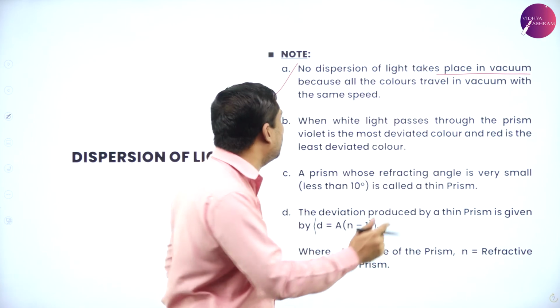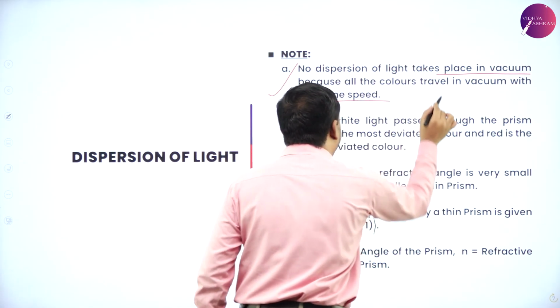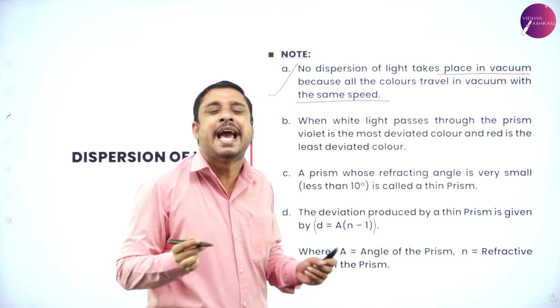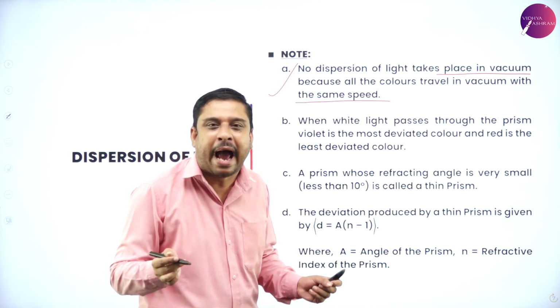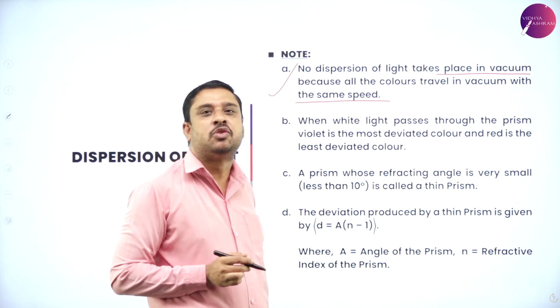Why? In vacuum, all colors travel with the same speed, so dispersion is not possible.